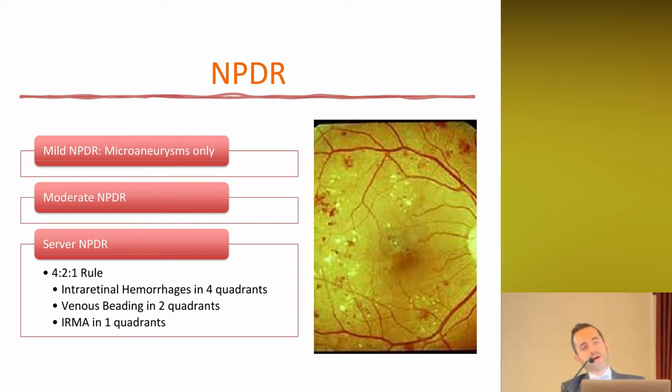And if you recall, we talked about venous beading and IRMA as pre-proliferative findings. If you have those findings on your clinical exam, that patient is categorized as high risk or severe NPDR. So if someone has venous beading in 2 quadrants or IRMA in 1 quadrant, that's considered severe NPDR.